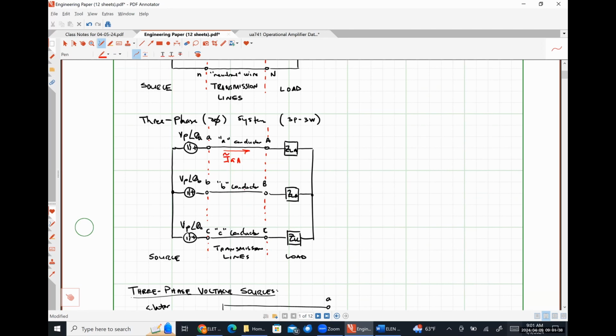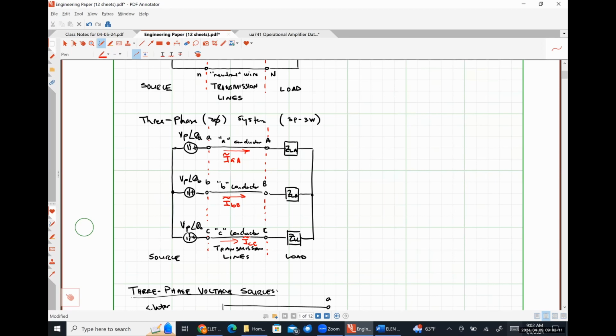So it's flowing from the source side transmission line terminal to the load side transmission line terminal. Here is our line current IBB. And this one's getting kind of busy. Here is our line current ICC. So line currents are always just the currents flowing down the transmission lines. Pretty simple to understand.